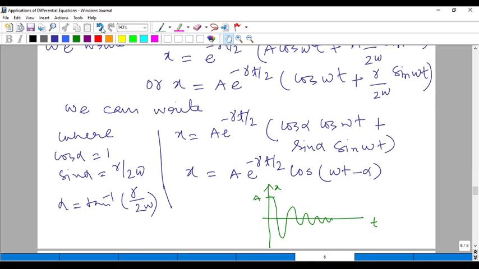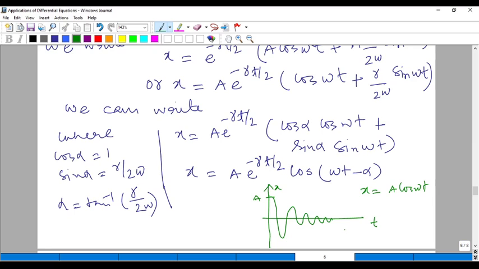Now the interesting thing is that the expression of the displacement in a damped harmonic oscillator is x equal to a e to the power minus gamma t by 2 into cos of omega t minus alpha. And we know for a simple harmonic motion, x equal to a cos omega t.